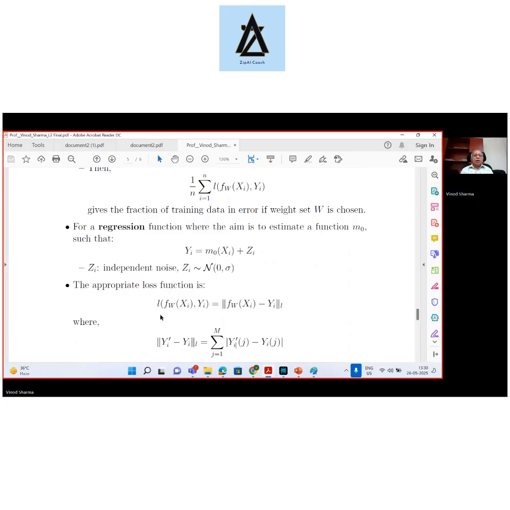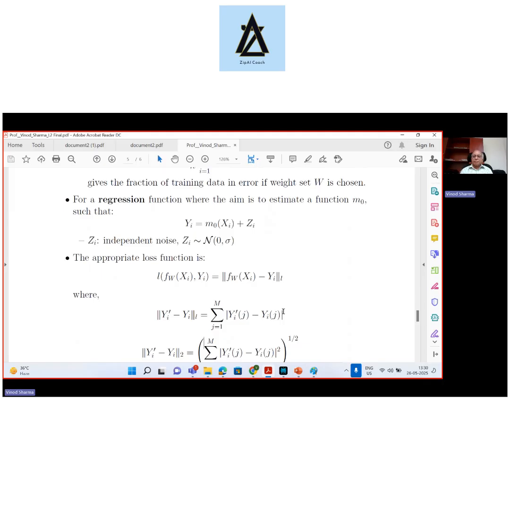Here, the loss between f_W(x_i) for given W and y_i is taken as a norm of f_W(x_i) minus y_i. There are multiple norms, so I have written one L, where L is a non-negative integer.